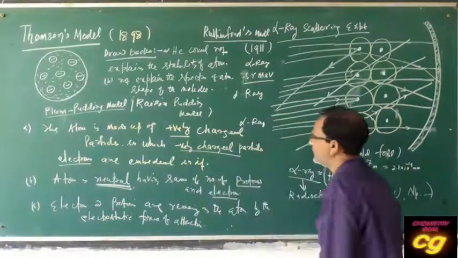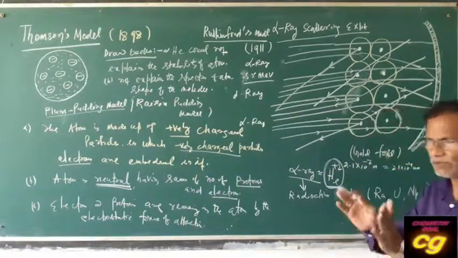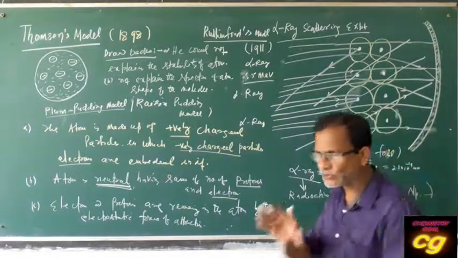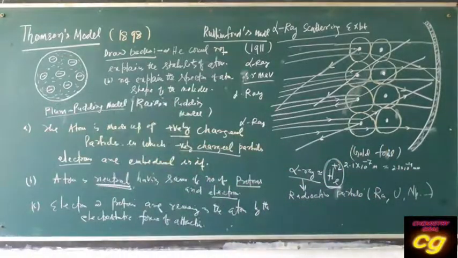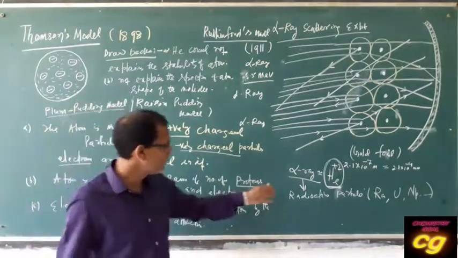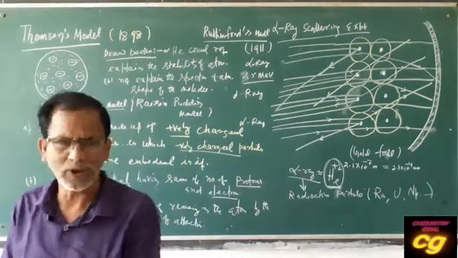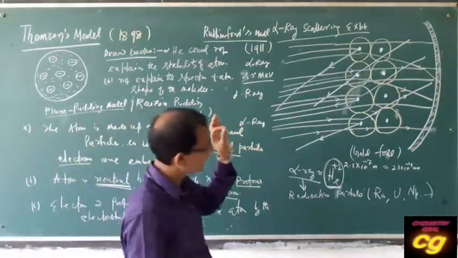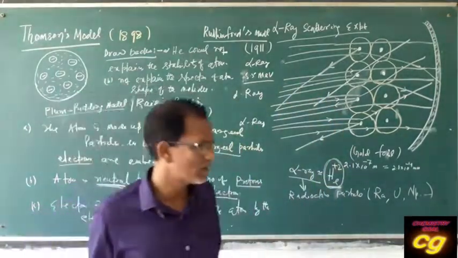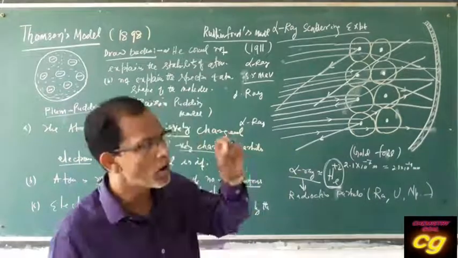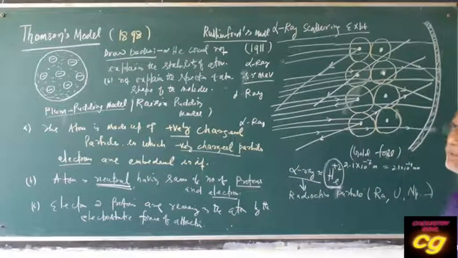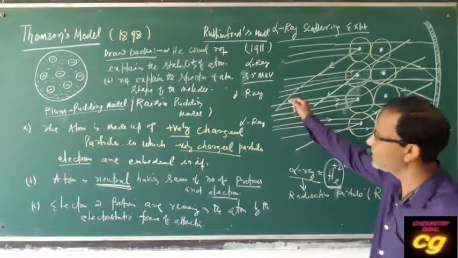These alpha particles are obtained from the radioactive substance, and the rays will pass through a small slit. What is the role of the slit? The slit will allow the ray to pass in the form of a beam. A narrow ray can be produced from the slit.